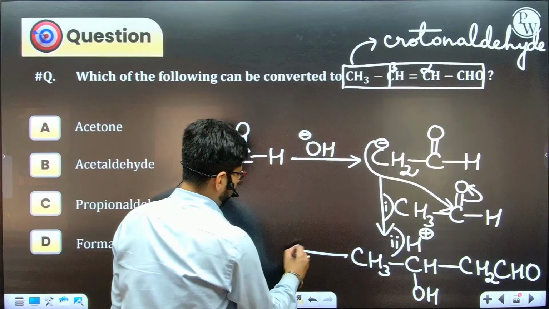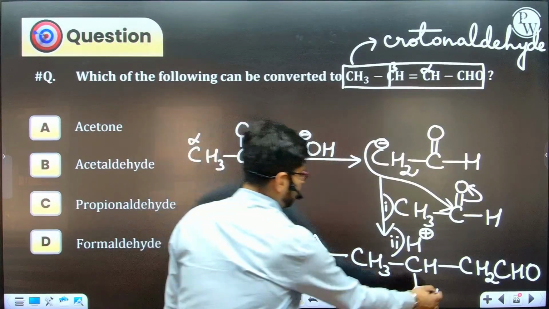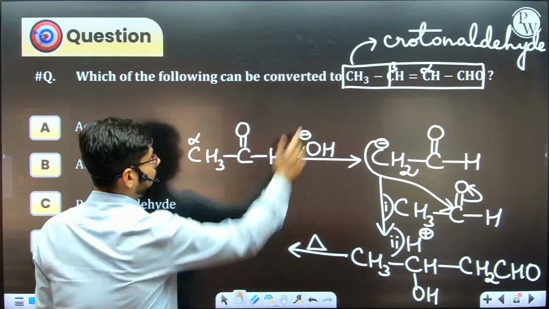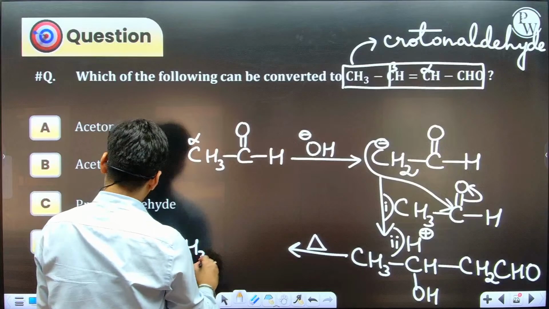And now if I perform condensation by heating it, then this OH goes out and one H from this carbon goes out, and hence I end up with crotonaldehyde. Hence, option B is correct.